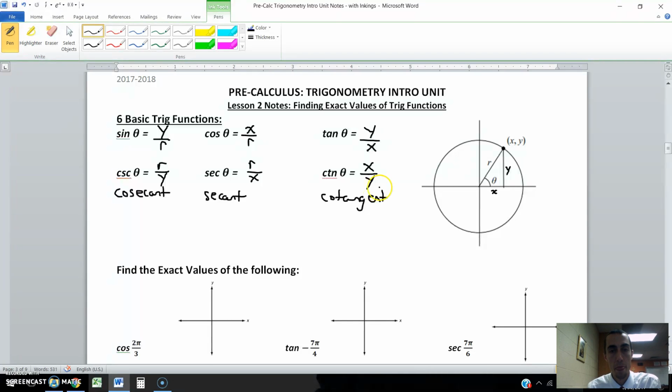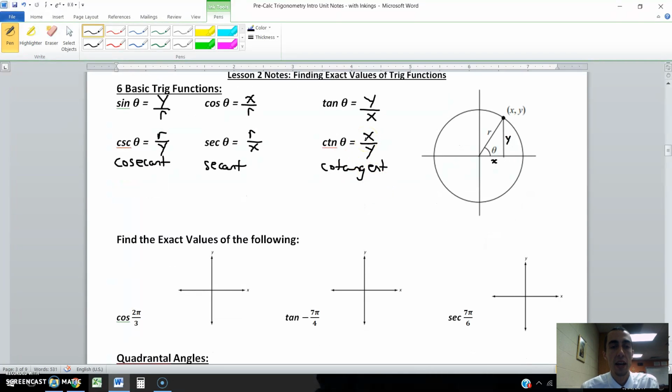Next up, we're asked to find the exact values for a trig function at a particular angle. Now, I've got some coordinate grids or coordinate planes there. When we do these problems, we're going to use that concept of reference angles that we studied in the last lesson.